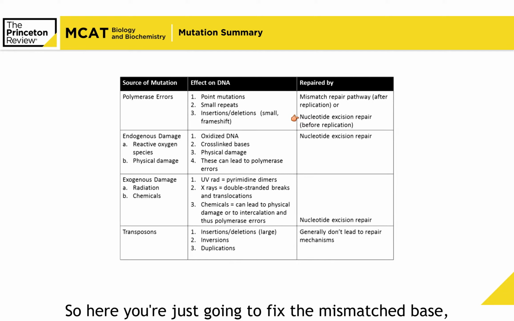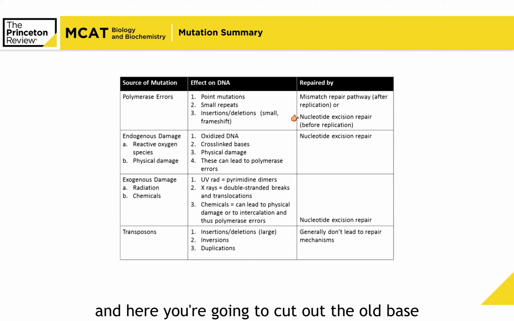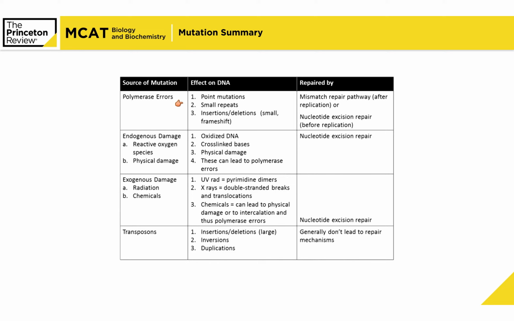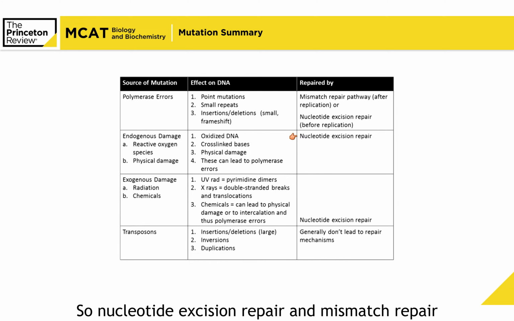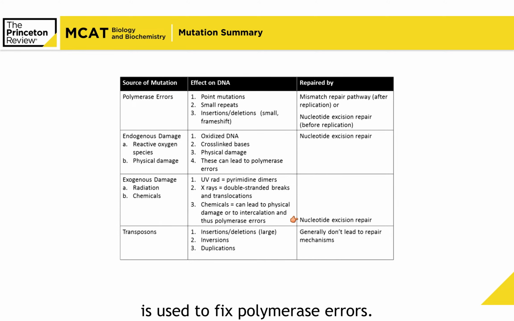So here you're just going to fix the mismatched base, and here you're going to cut out the old base and put in a new base. So nucleotide excision repair and mismatch repair is used to fix polymerase errors. It can also be used to fix damaged bases due to either oxidation or chemicals.